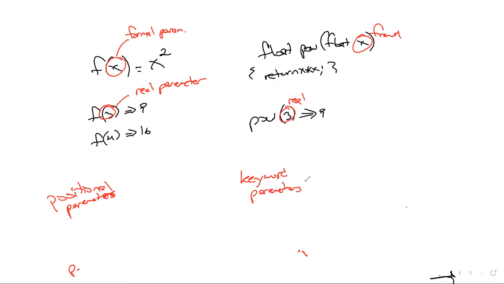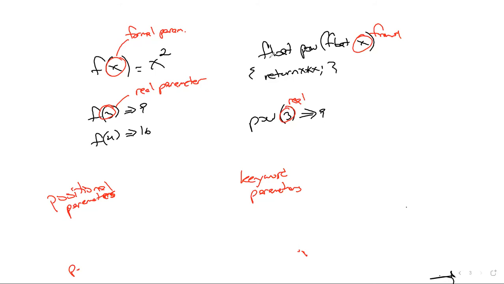And what exactly is that? So positional parameters is what we already know from many, many languages, and what we see in mathematics, which pretty much says that the first real parameter gets bound to the first formal parameter, and the second real parameter gets bound to the second formal parameter.